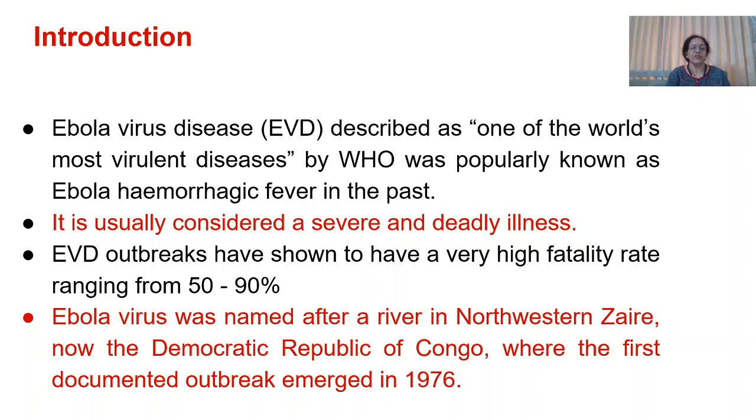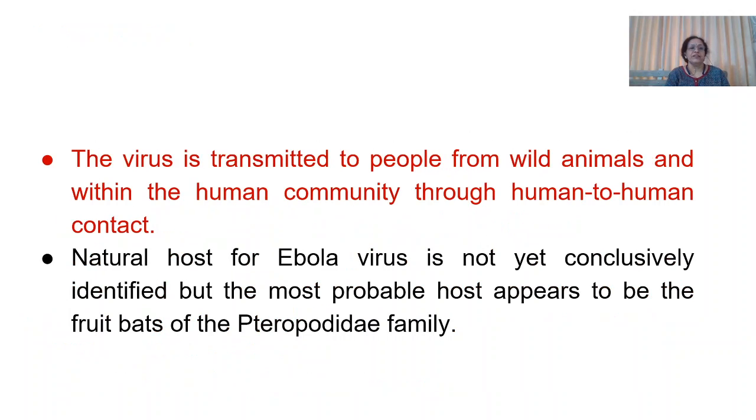Ebola virus was named after a river called Ebola, from northwestern Zaire, now the Democratic Republic of Congo, where the first documented outbreak emerged in 1976. The virus is transmitted to people from wild animals and within the human community through human-to-human contact.